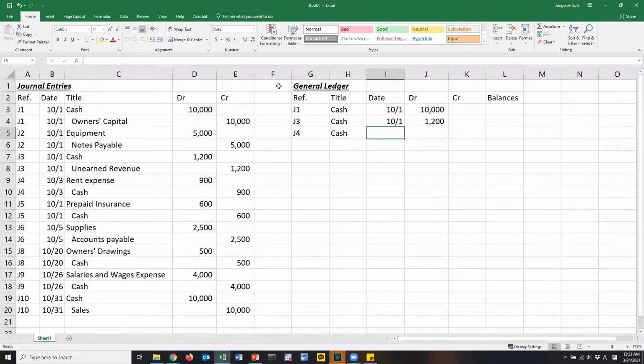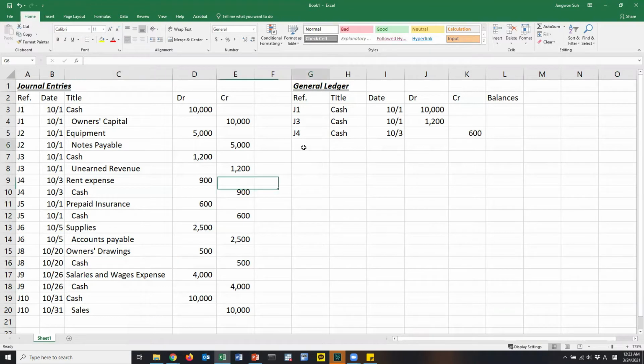This is better. And then where else do we have it? Okay, J4, cash, on the third date, and cash is now credited.